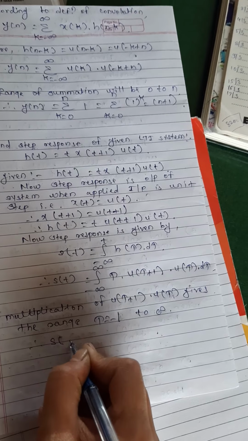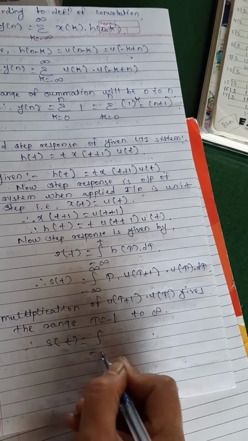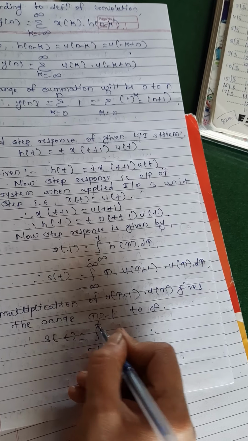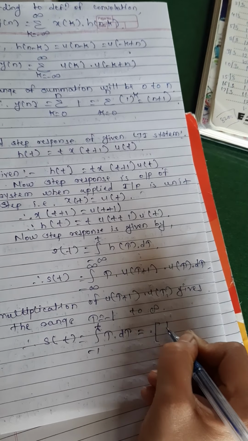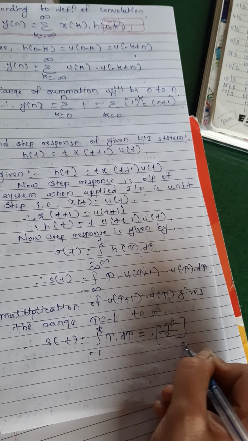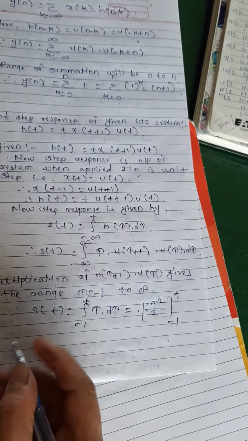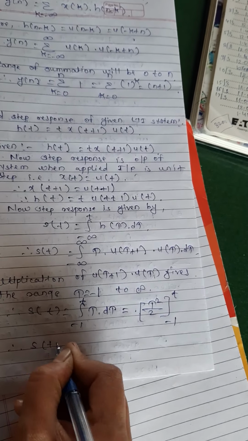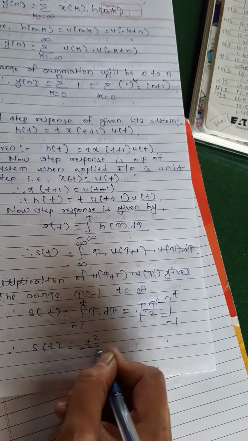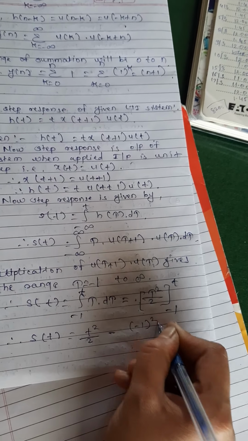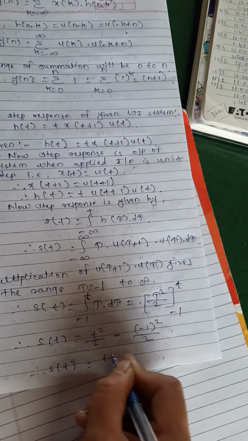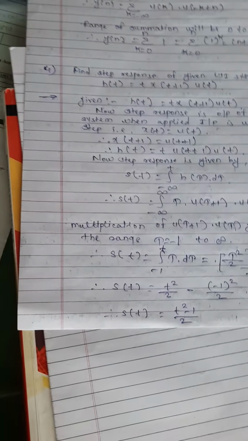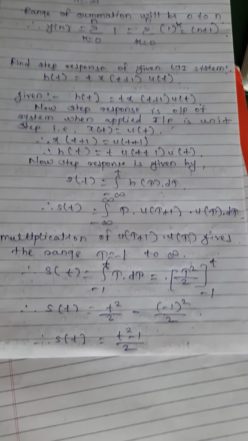Therefore s of t equal to integration minus 1 to t, so it is equal to tau square by 2 from minus 1 to t. Therefore s of t is equal to t square by 2 minus. So this is the step response of given LTI system.